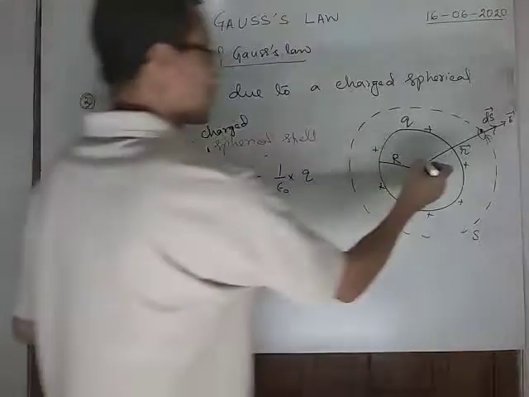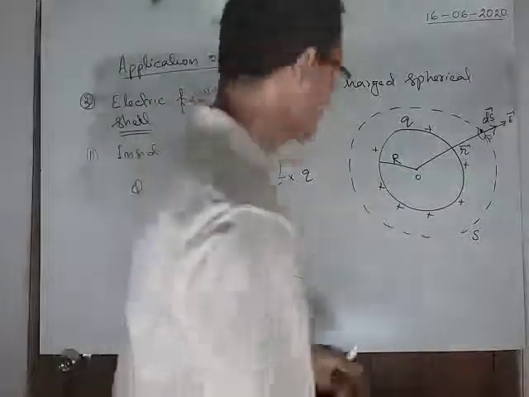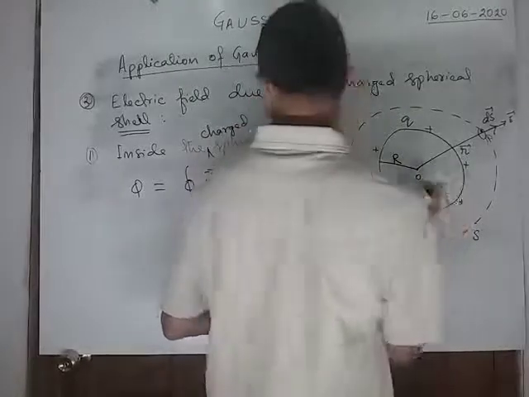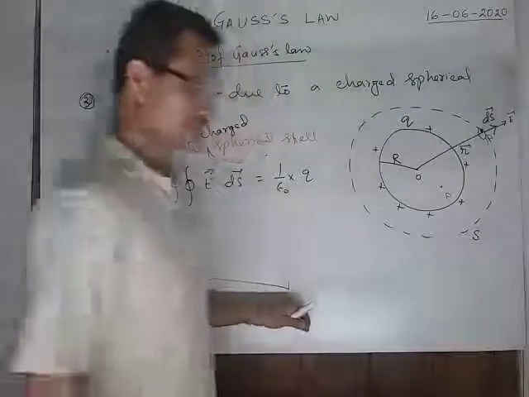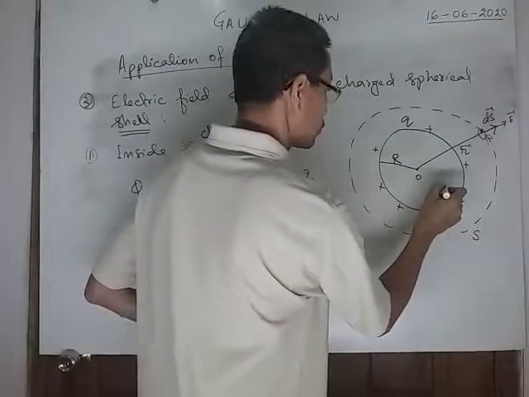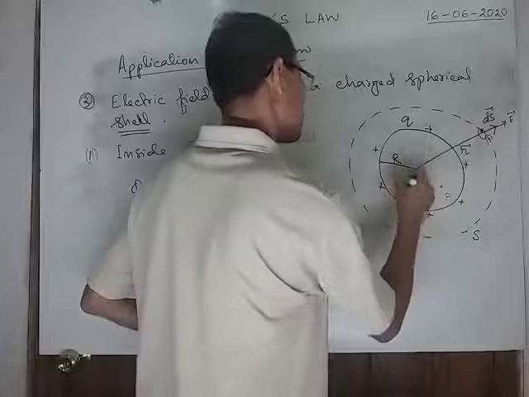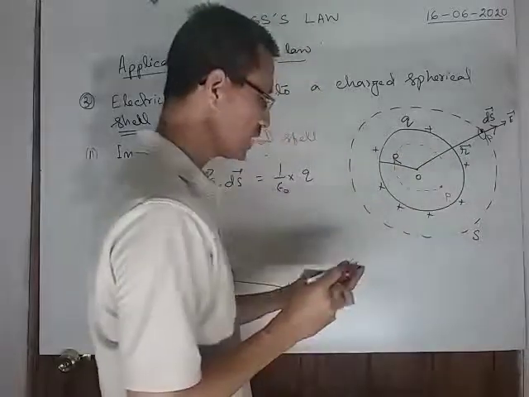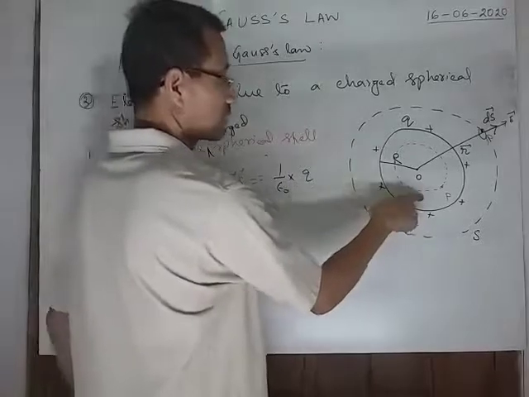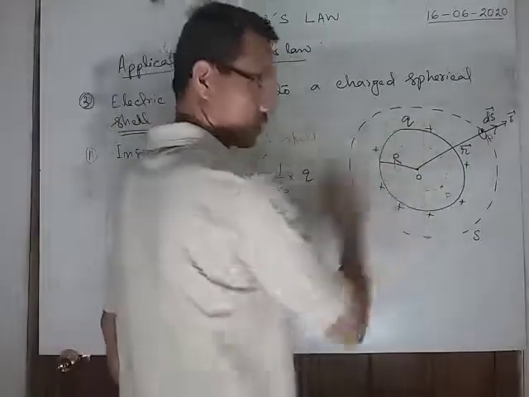But suppose you take a point of observation inside the shell, like this is the point of observation for a second. Then your Gaussian surface should be drawn passing through this point of observation like this. Why? Because the charge resides only on the surface, we know it, right?